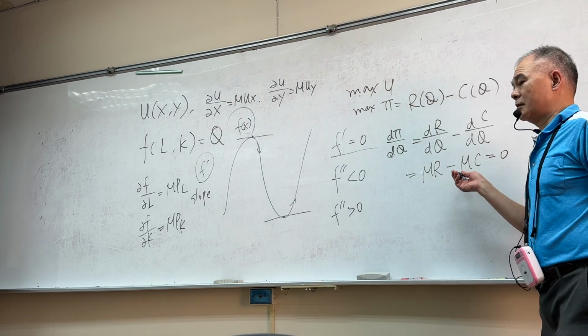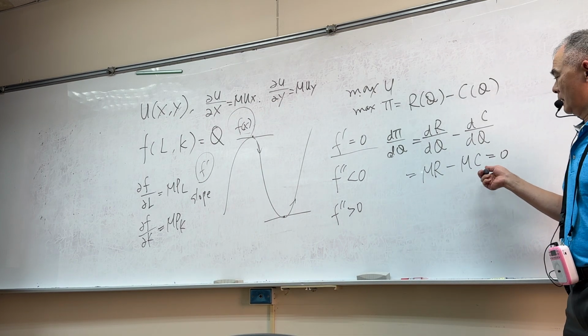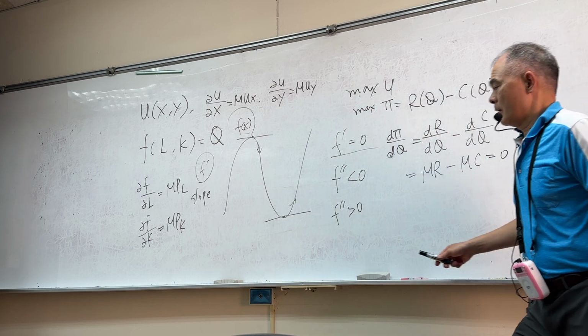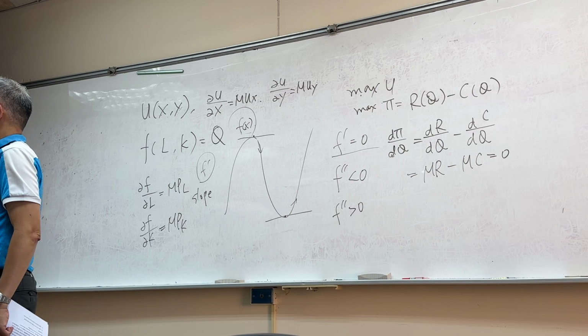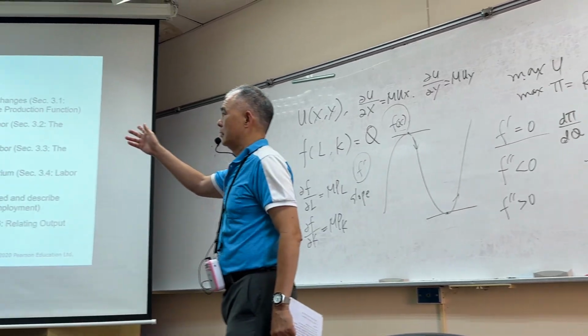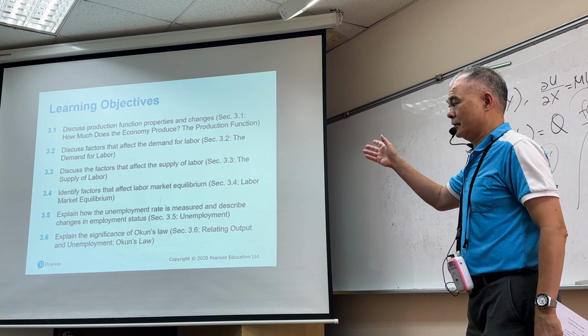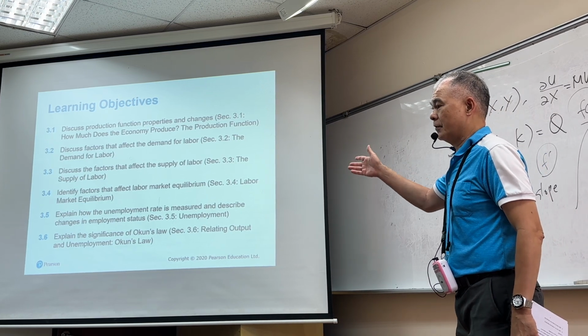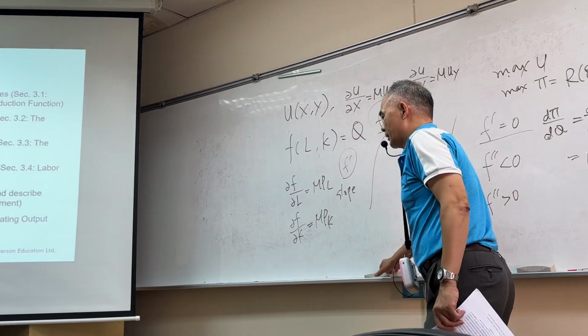So this is the first order condition to get maximum profit, okay? So what I'm talking about here is why we discuss the production function, because here there is everything we need, for a producer.